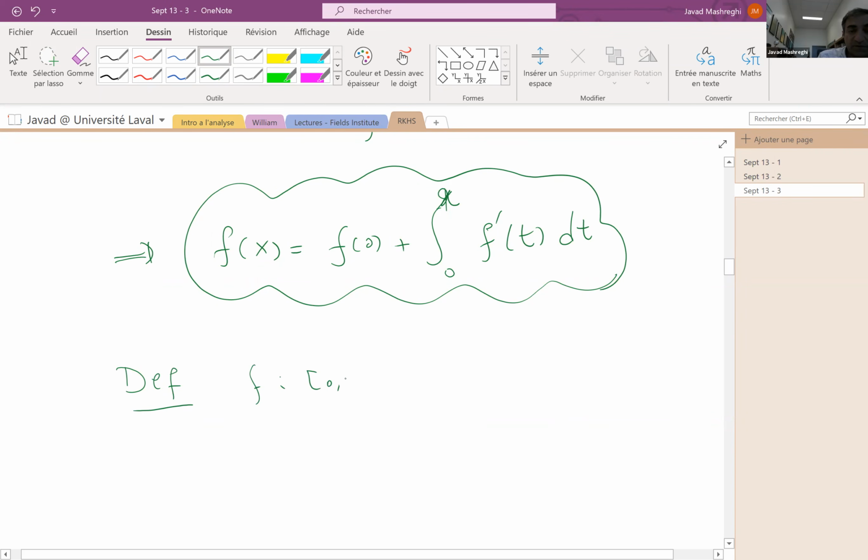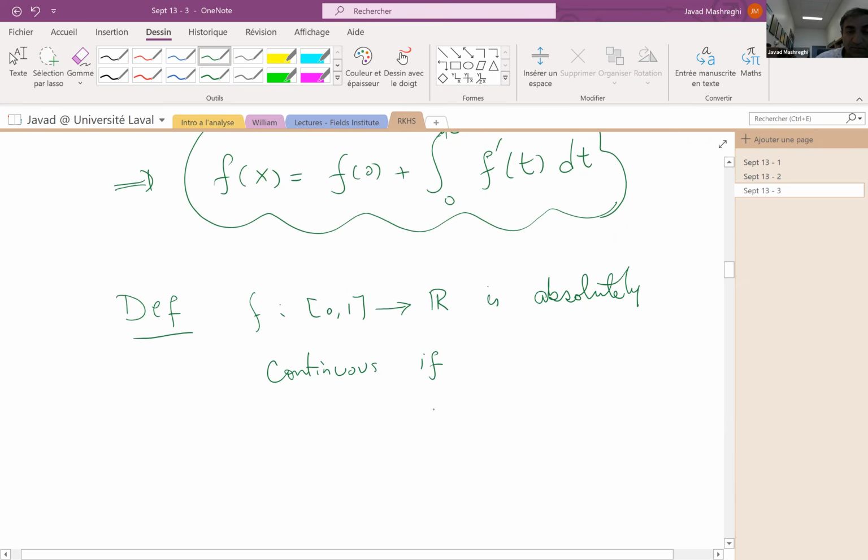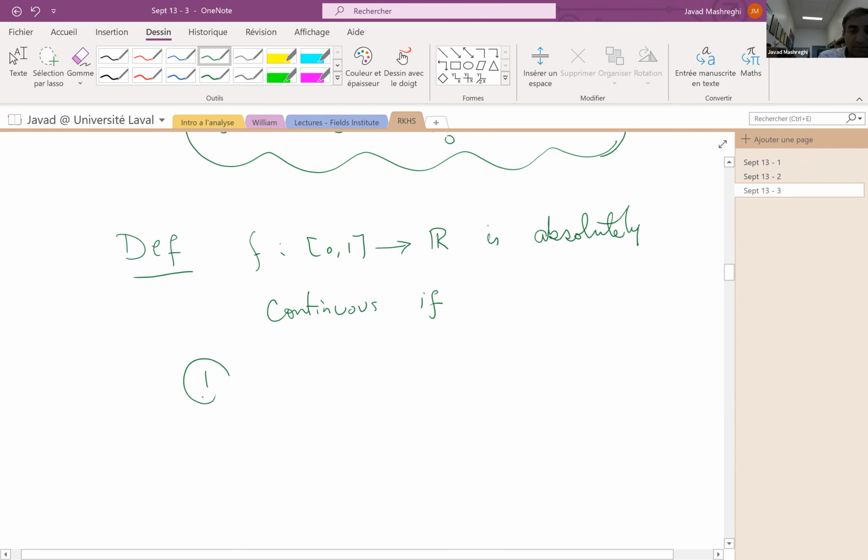F from 0 to 1 in R is absolutely continuous if, one, f prime of x exists almost everywhere.